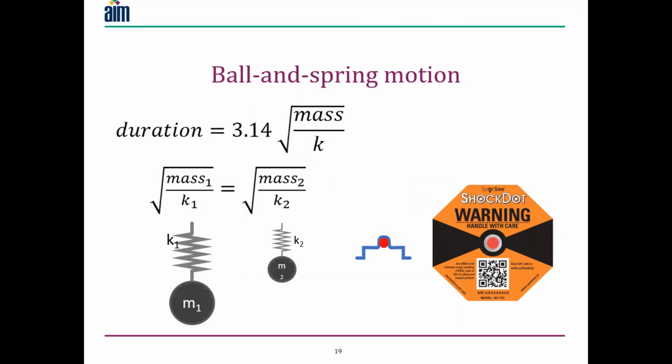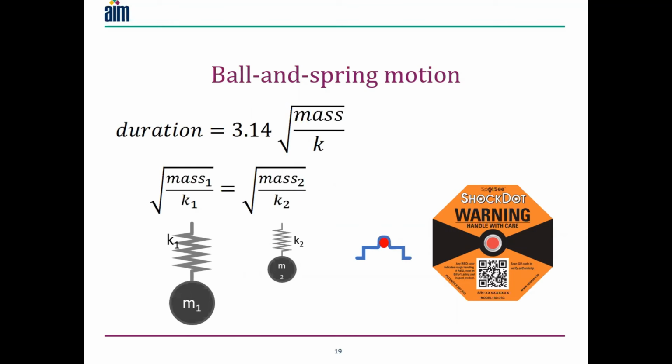So this is an example, once again, just a point that the duration is only a function of mass and spring stiffness ratio. And again, the concept there of having an actual box with a mass and a spring stiffness, and an emulating box with a mass and a spring stiffness.